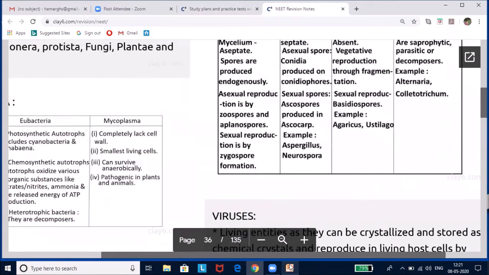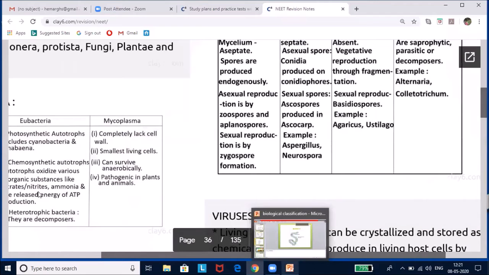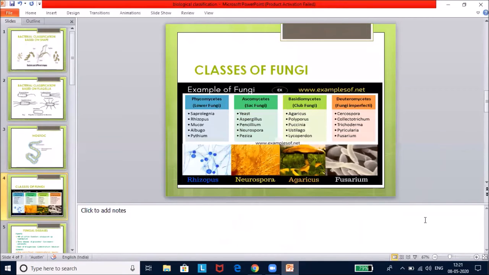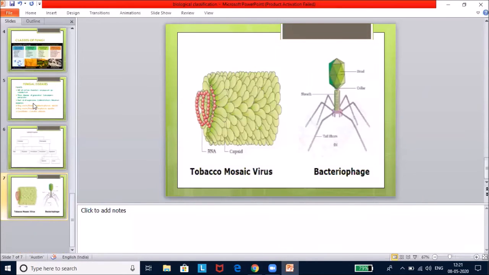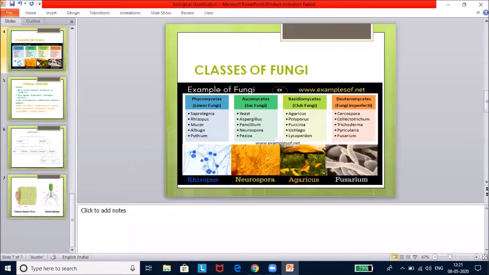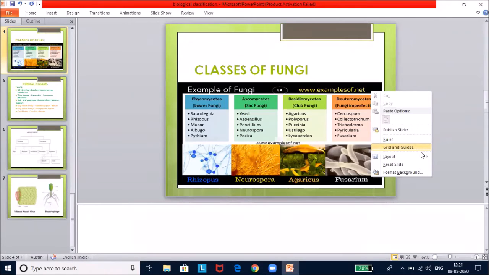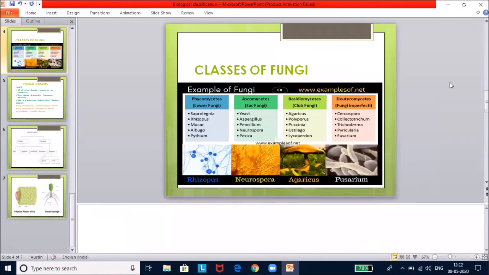Now, I'm going to project a slide which is important. Please make a note of this slide, children. Classes of fungi. This is very, very important. Phycomycetes, examples: Saprolegnia, Rhizopus, Mucor, Albugo, Pythium.